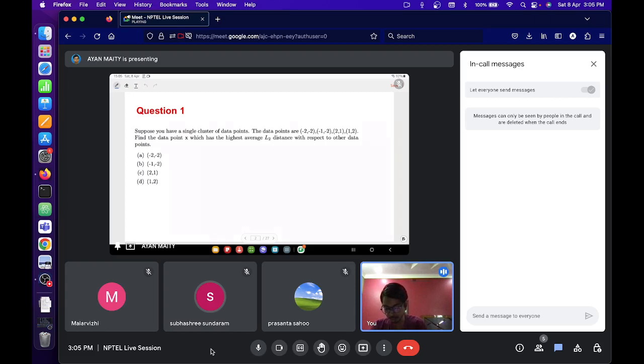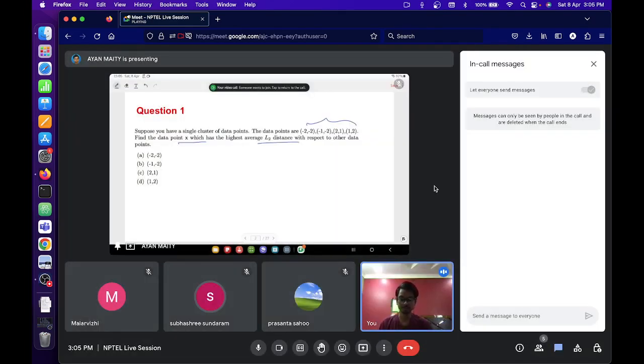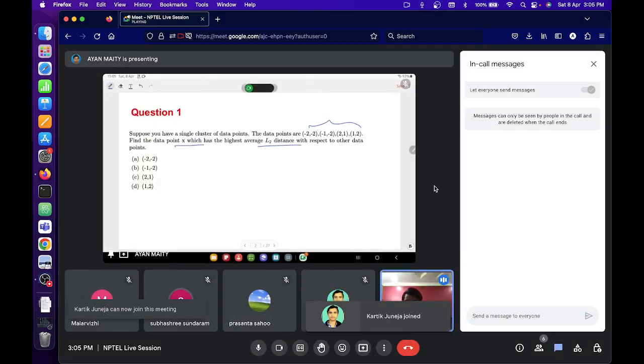So L2 distance is nothing but the Euclidean distance. So you have to find out the point which has the highest average Euclidean distance with respect to other points out of these 4 points that are given here.